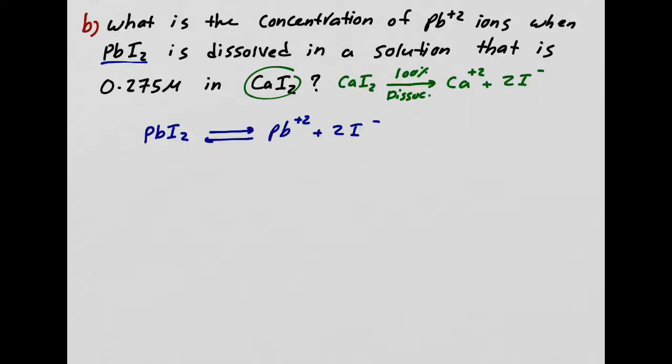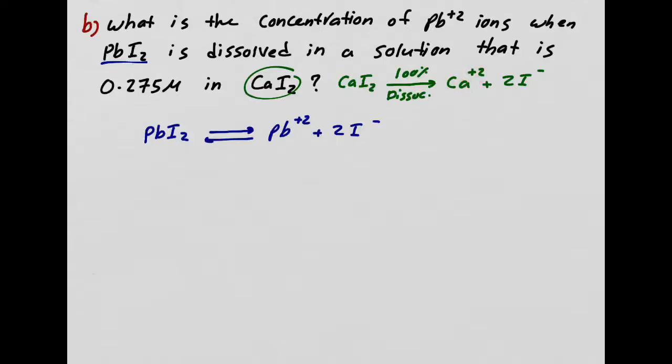When I have this PbI2, I also have this calcium iodide in the solution. I know calcium iodide would 100% dissociate into calcium plus 2 and 2I minus. Now, calcium is not going to do anything to me. Calcium is not part of my common ion, it's just floating around and it's not going to affect anything.